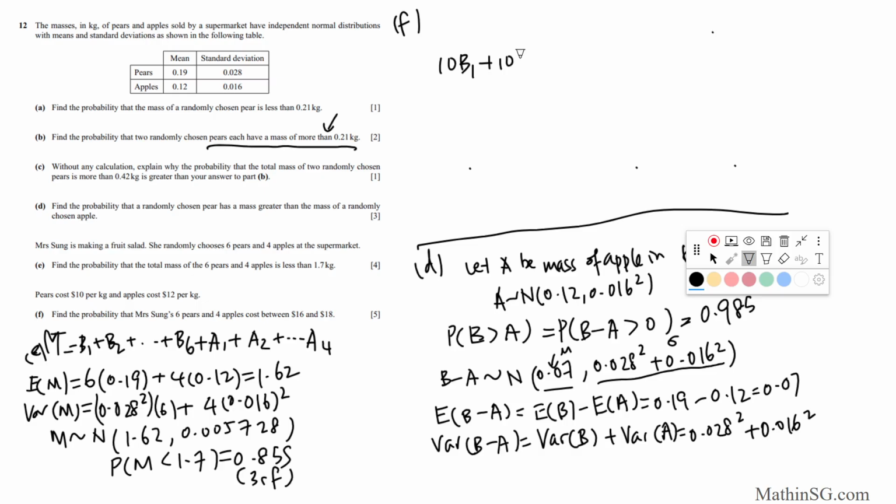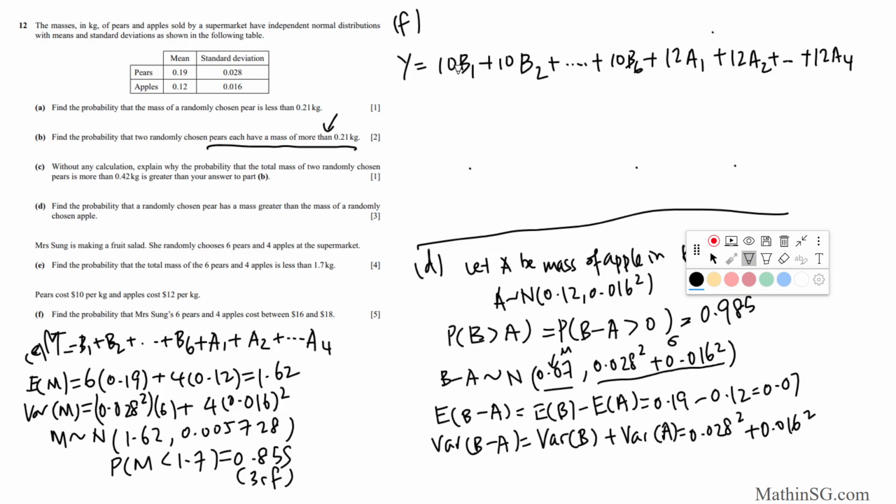The cost of the second pear will be 10 times B2 and so on. Doing the same, because an apple costs $12 per kg, the cost of each apple is $12 times its mass, right? So it's 12 times A1. And let y equals to this.